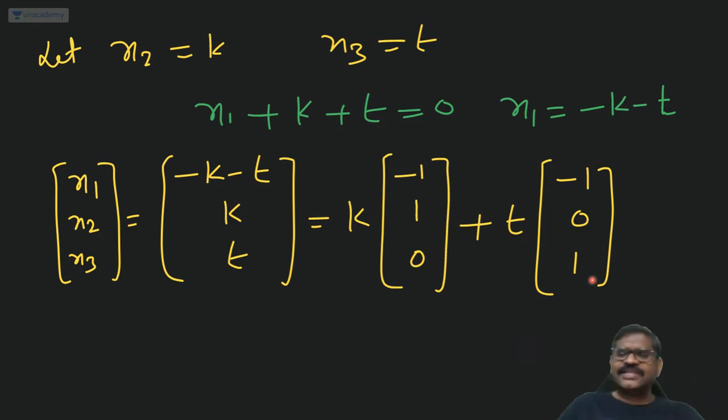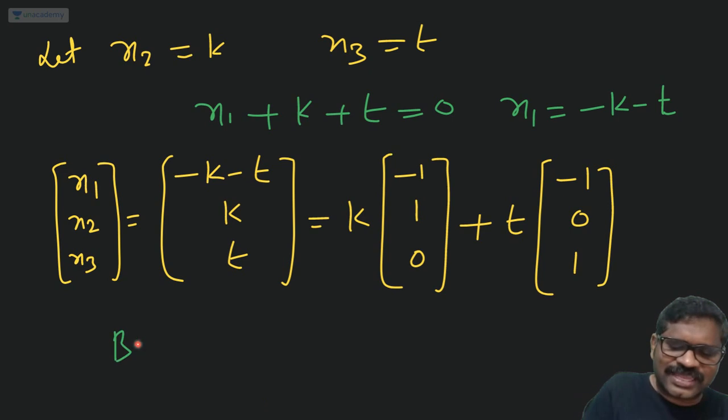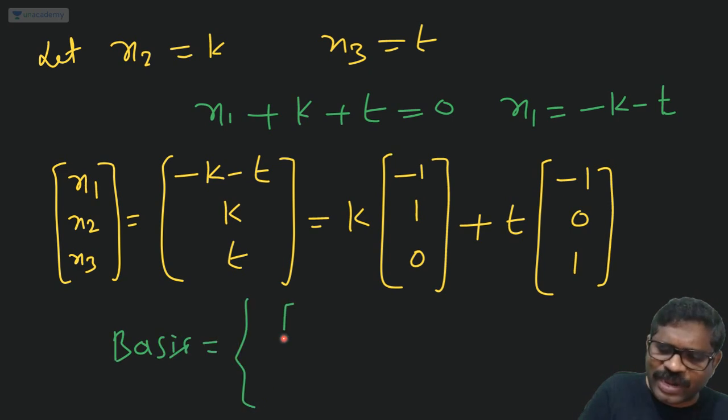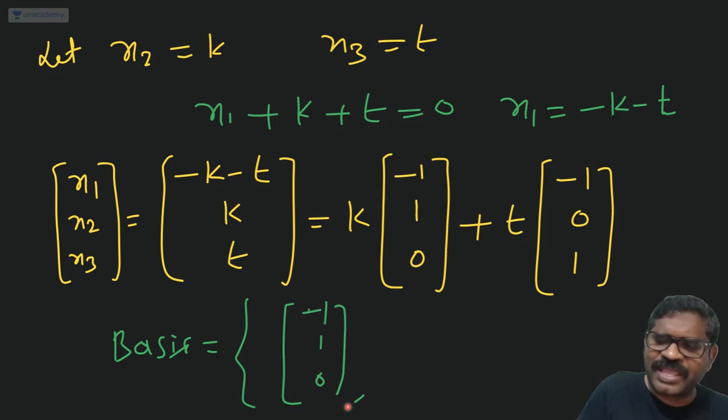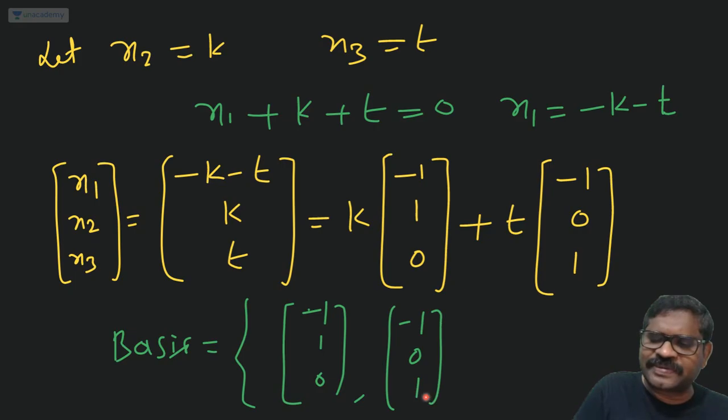Understood? So now what is the basis? The basis is involving only two vectors: the k coefficient is minus 1, 1, 0 and the t coefficient is minus 1, 0, 1.